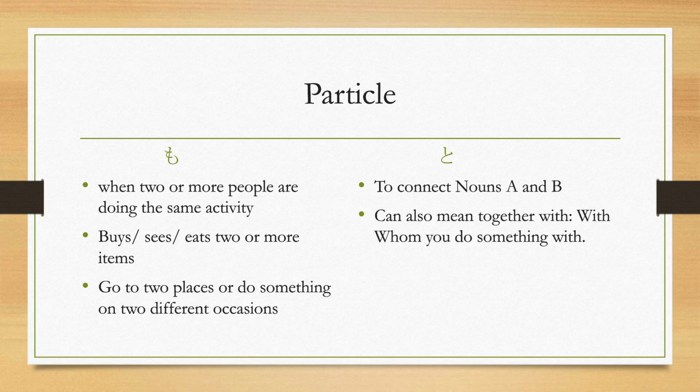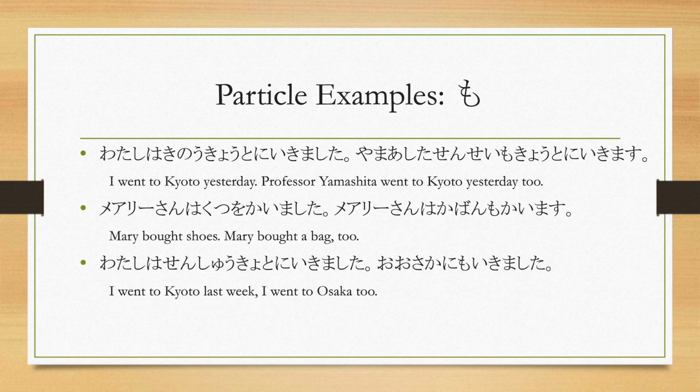Here are some great examples of how to use mo. Watashi wa Kyoto ni ikimashita. Yamashita sensei mo Kyoto ni ikimashita. I went to Kyoto yesterday. Professor Yamashita went to Kyoto yesterday, too. Mary-san wa kutsu o kaimashita.